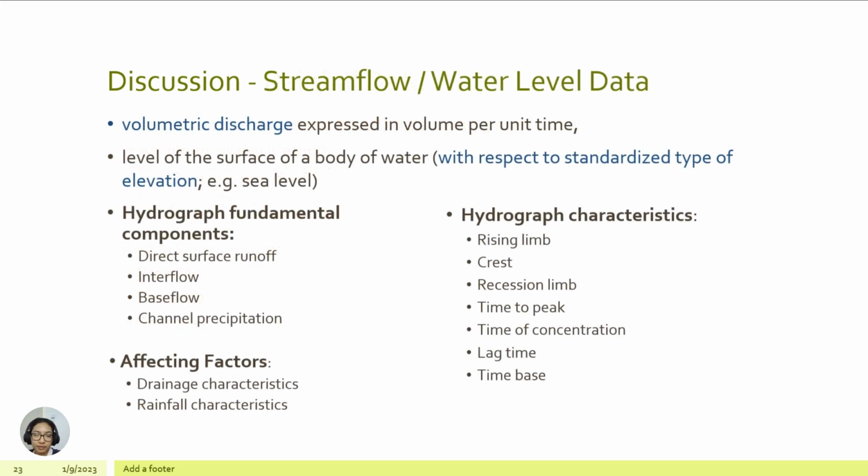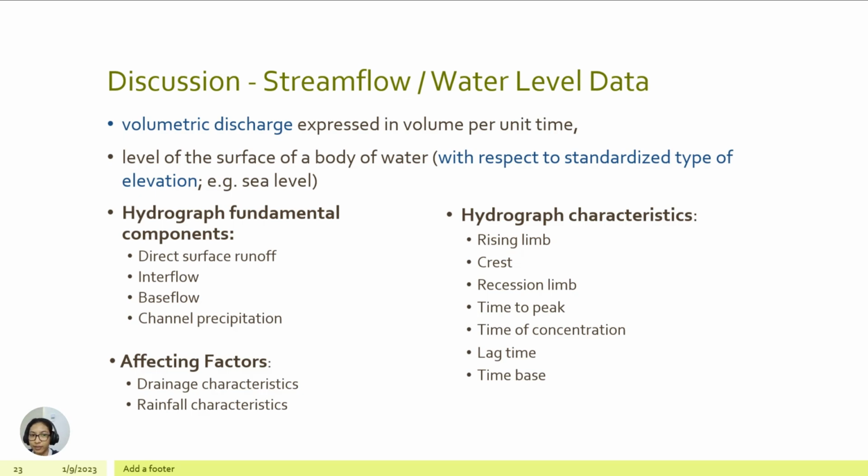Streamflow can be defined as the volumetric discharge expressed in volume per unit time. It takes place in a stream or a channel and varies in time and space. Now, water level is defined as the level of the surface of a body of water with respect to a standardized elevation, for example, sea level.